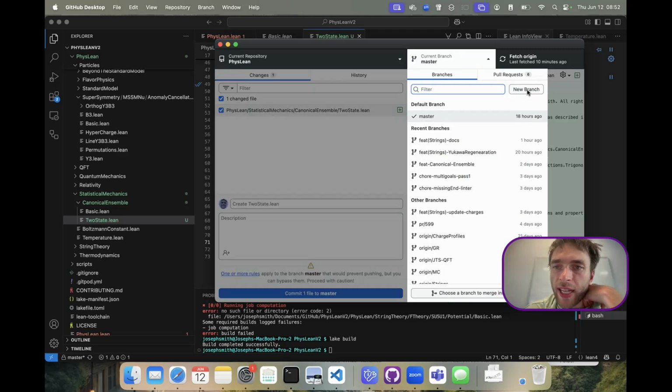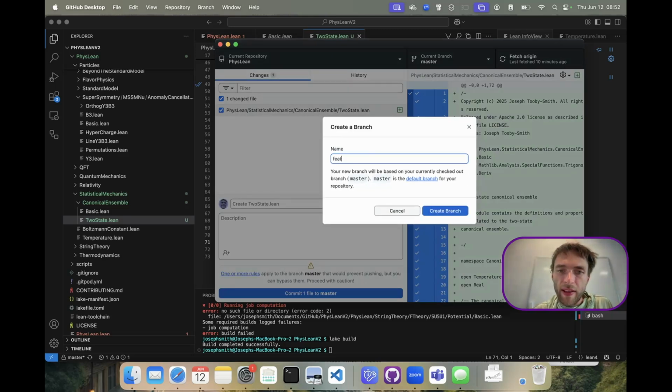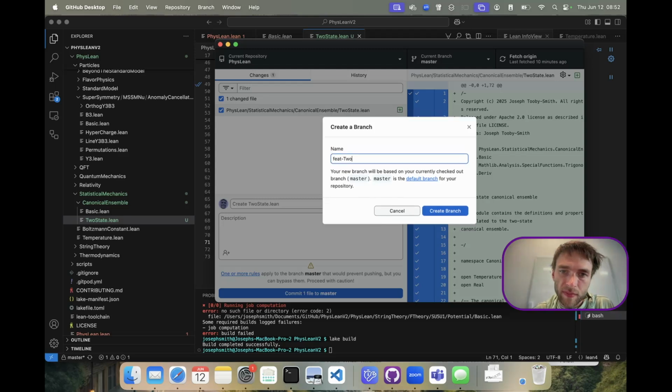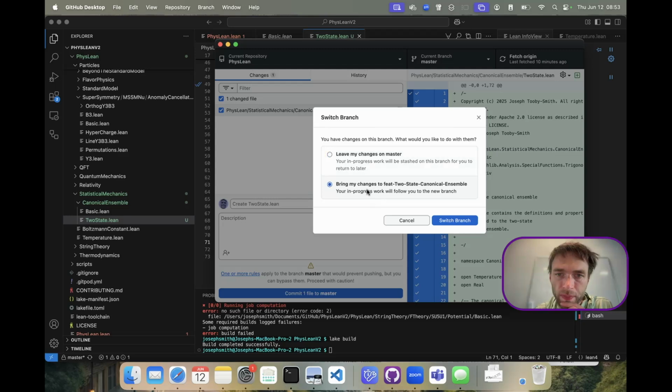So what we do is we create a branch. Typically we call this something like feature. What is it? It's two-state, the two-state canonical ensemble.